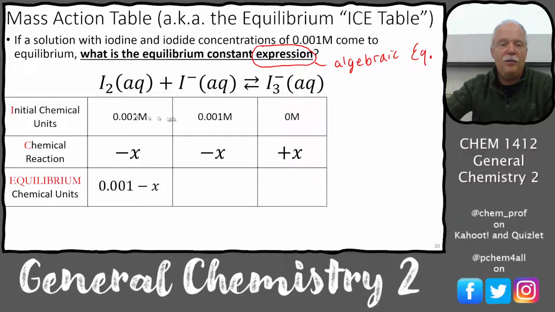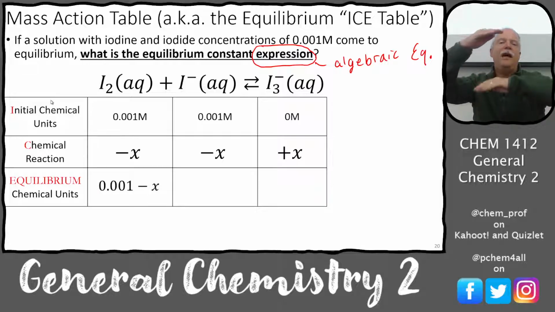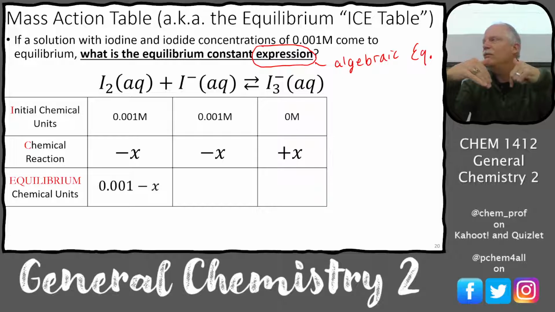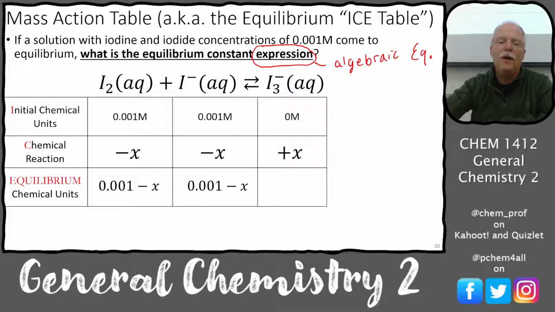So we have at equilibrium, we started with these initial amounts. Minus X would be the equilibrium concentration. Notice this is the middle of that mass action table. Before I called it initial chemical units, the change or chemical reaction, and the ending chemical units when we were doing stoichiometry. But now the E stands for equilibrium. So we let this come to equilibrium, and we have an external equation, the equilibrium constant expression, which describes what comes up on that row. Also, we have here 0.001 molar minus X, so that's what it would be at equilibrium.